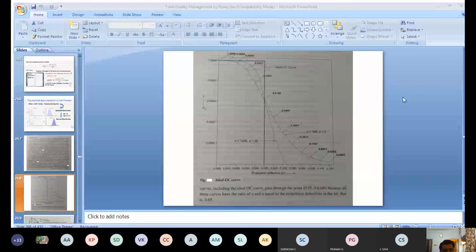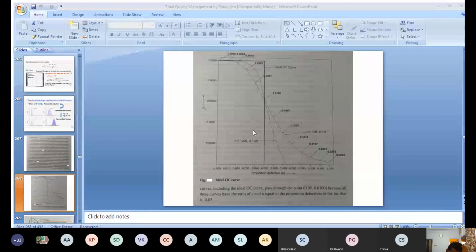So this is the basic concept of the operating characteristics curve. In the case of the operating characteristics curve, small n and A are given.